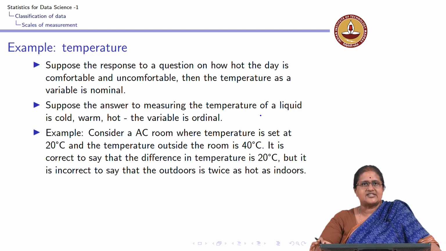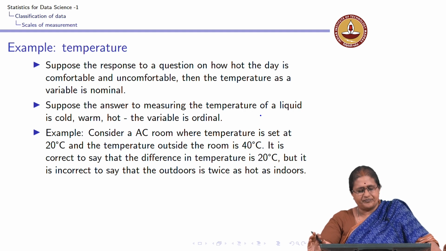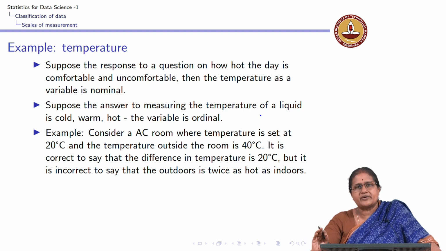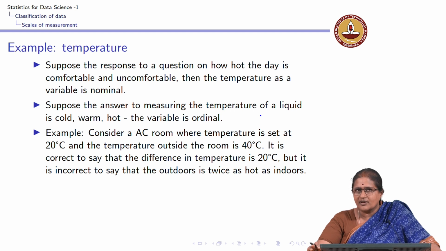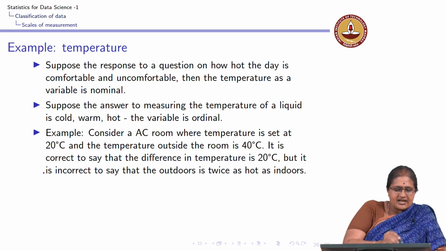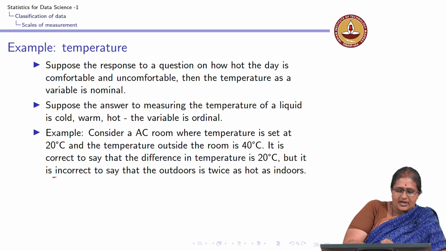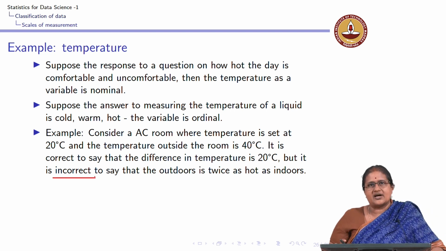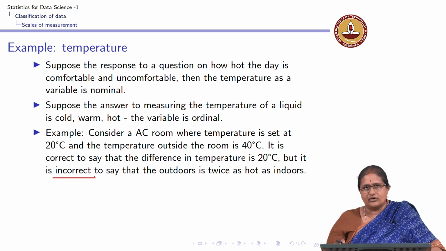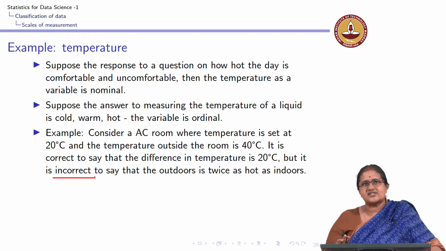Suppose I had set it at 14 degrees centigrade and the temperature outside was 28 degrees, it is perfectly right for me to say that there is a difference in temperature of 14 degrees centigrade. But it is absolutely incorrect for me to say that outdoors is twice as hot as indoors, because 40 degrees centigrade is not twice as hot as 20 degrees centigrade.